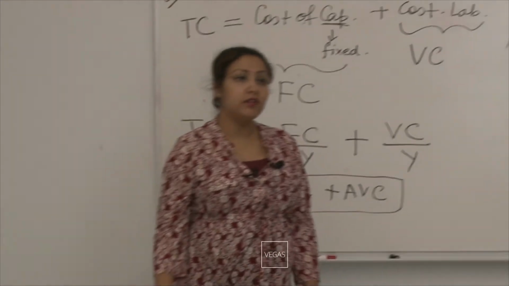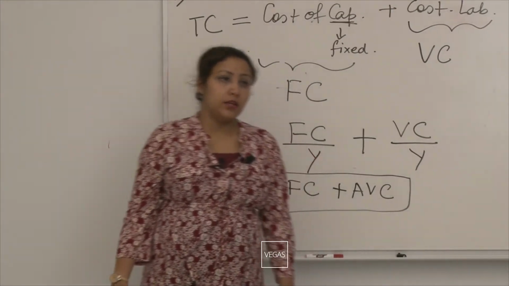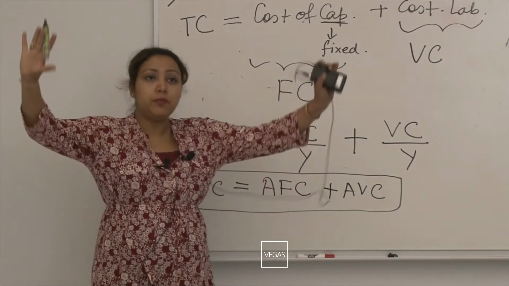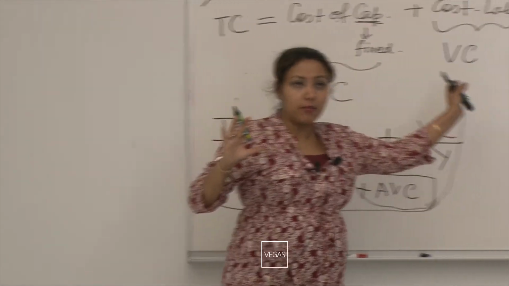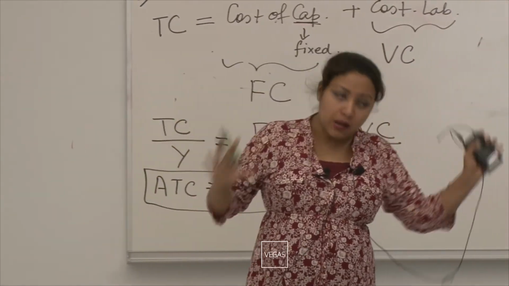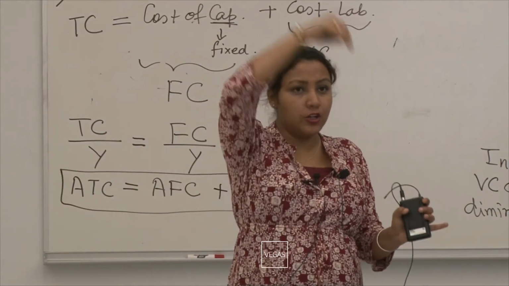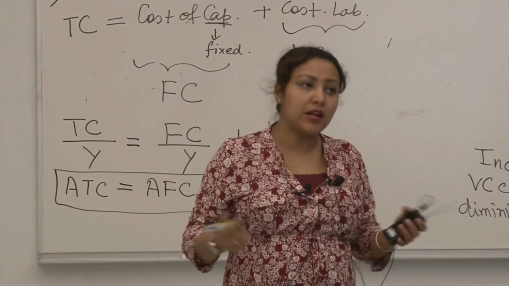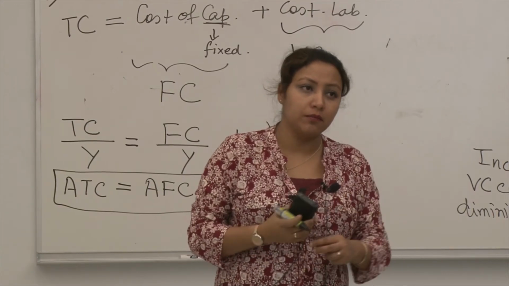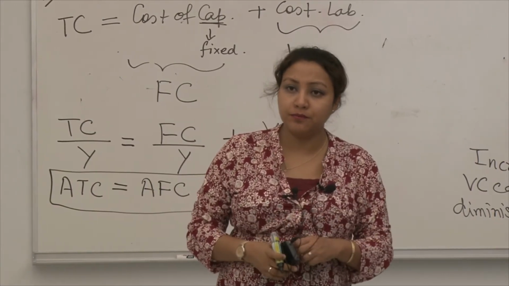That is the reason that this happens. If labor had been extremely productive over time, then this would not have happened. The fact that labor becomes less productive, the fact that the MP curve is an inverted U shape, that is the reason that my variable cost rises over time, isn't it?